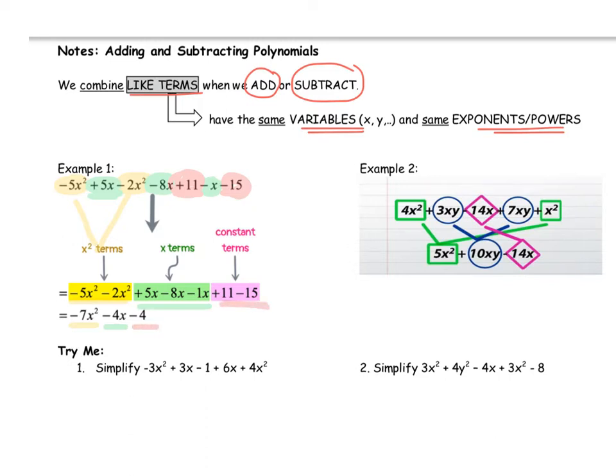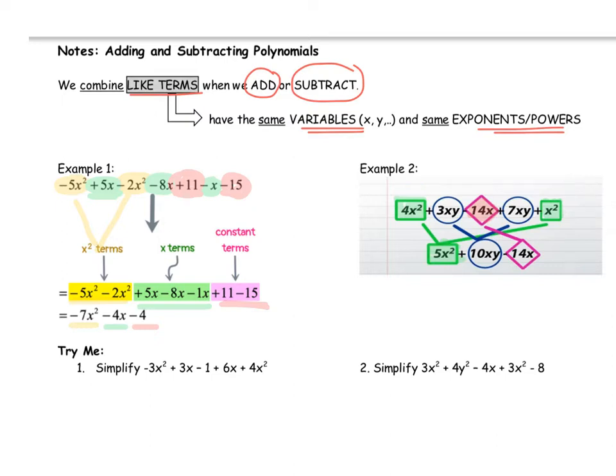Sometimes we get more complicated expressions that actually aren't considered polynomials, but you will see some problems where you have to combine more complicated terms. In this example over here, 4x squared and x squared are like terms. That gives us 5x squared. And we have a 14x, which is certainly not the same as x squared.